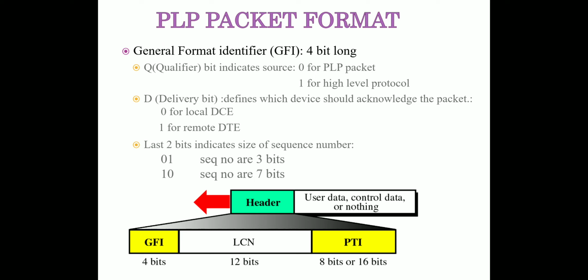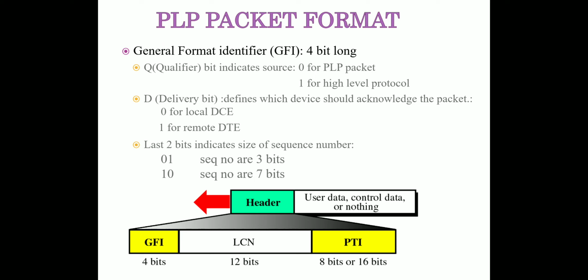It defines which device should acknowledge the packet. If it is 0, it is for the local DCE. If it is 1, the remote DTE must acknowledge the packet. Now DCE and DTE we have already covered in the previous videos. The DTE you can take as any user station, and DCEs are interconnecting nodes.